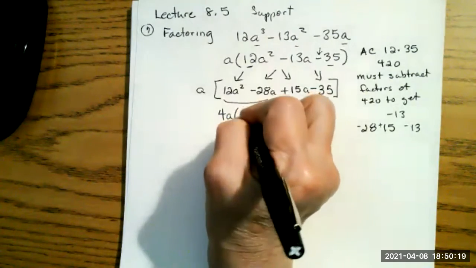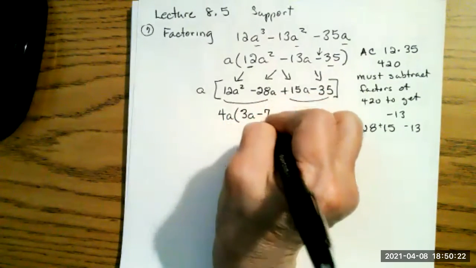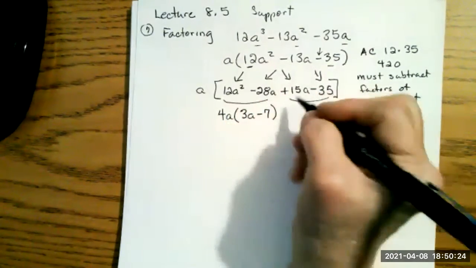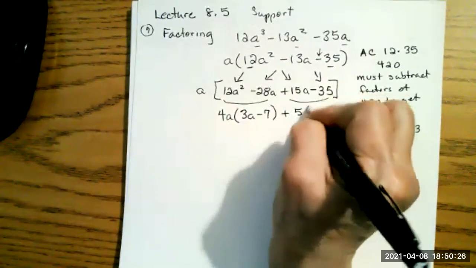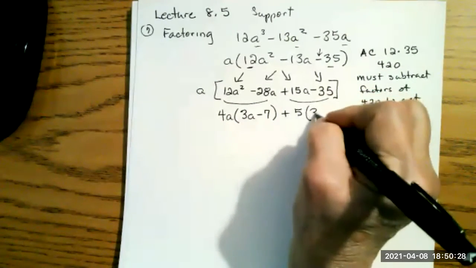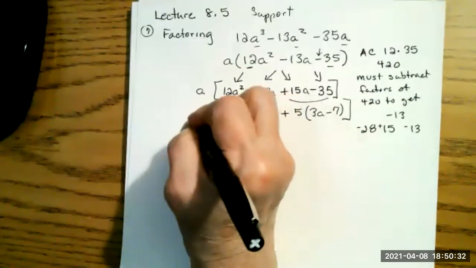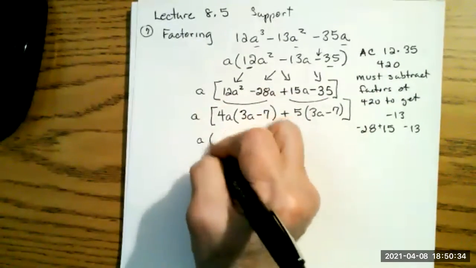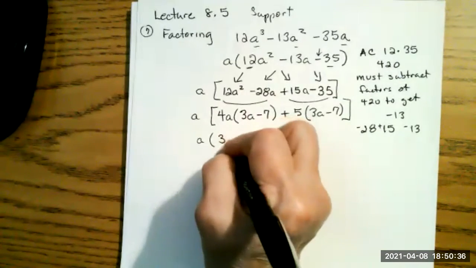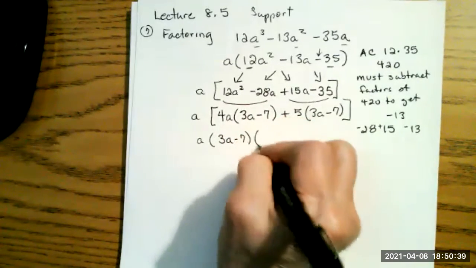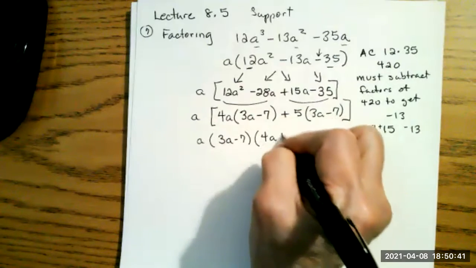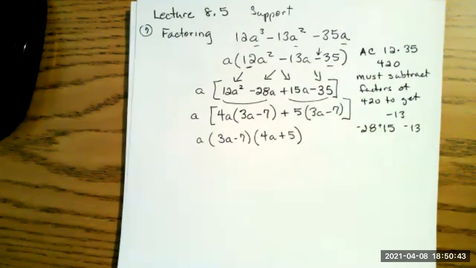So I have 3A minus 7, if I did that correctly. Looks like this one has a 5, and I want a 3, so that's 3A minus 7. Okay, now it looks like I can put my common group there, and then the fronts off of those. And there you go. I have factored it.